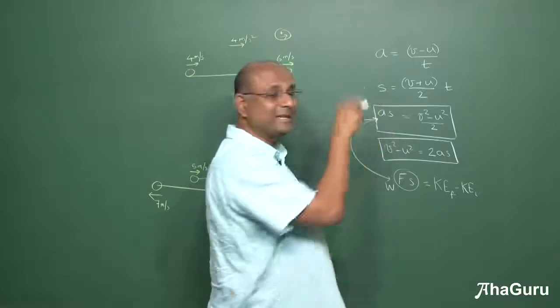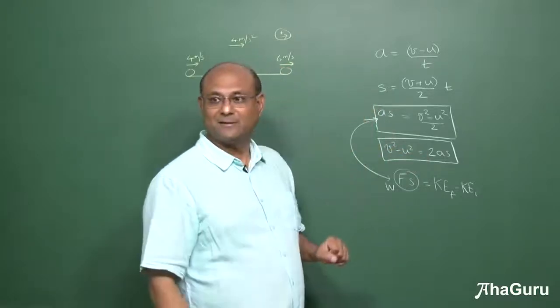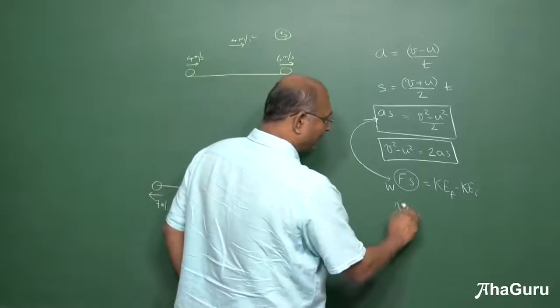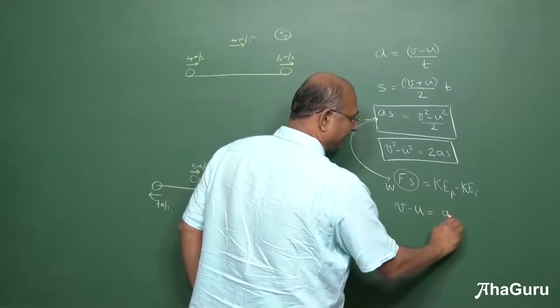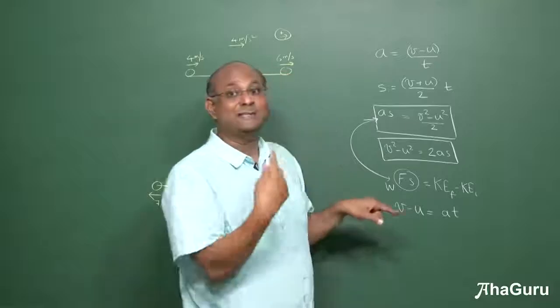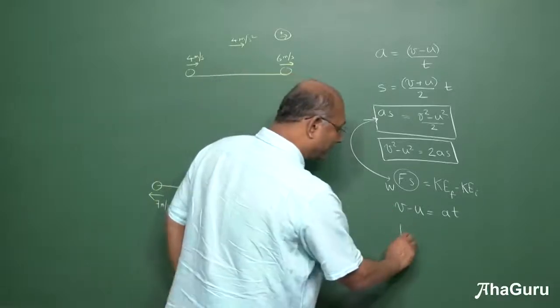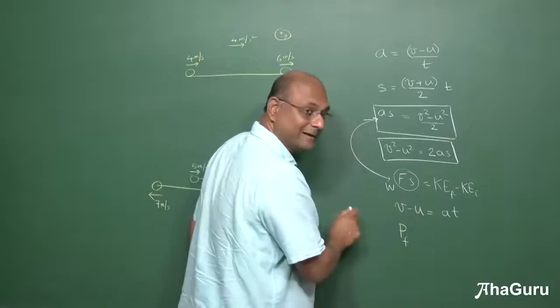The reason we learned this statement or this statement is because this is actually an energy statement. And the reason we learn v minus u is at, if I multiply by m, I'll get mv minus mu. What is mv? Momentum. So momentum, you know the symbol for momentum is p.